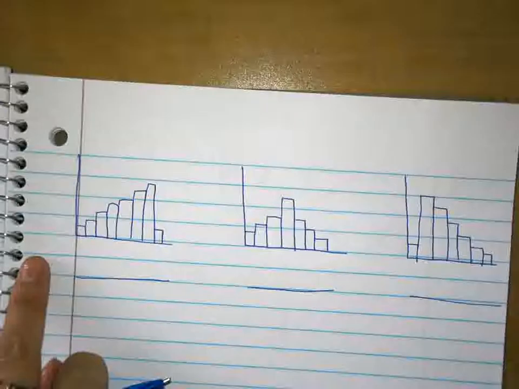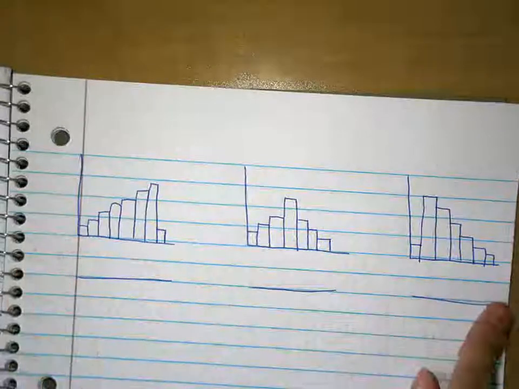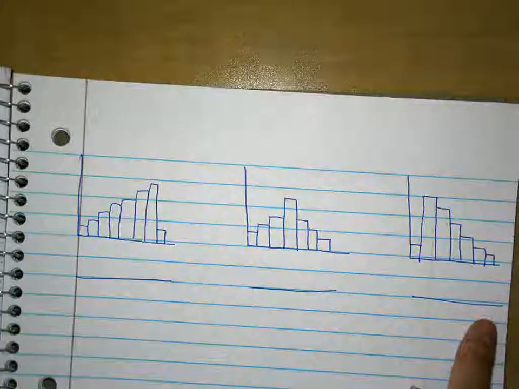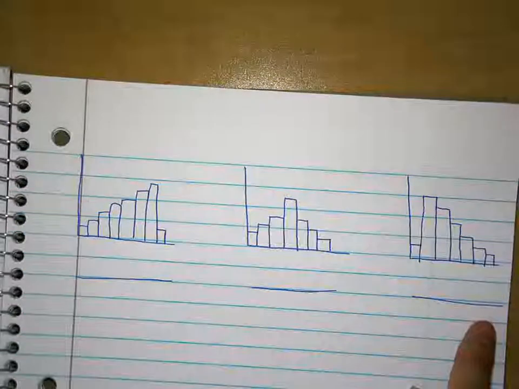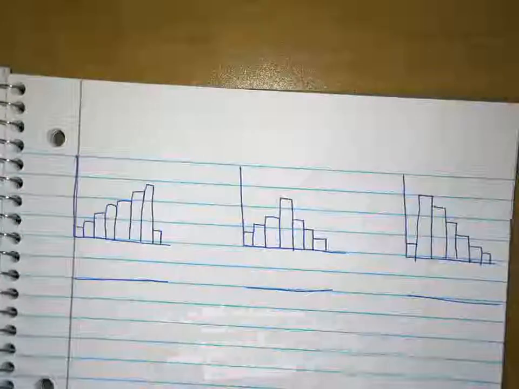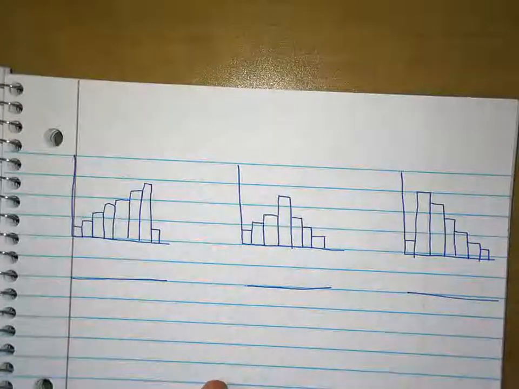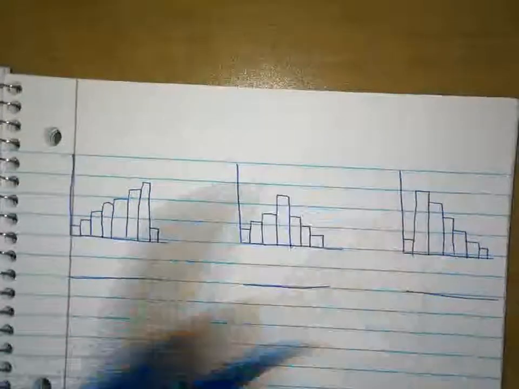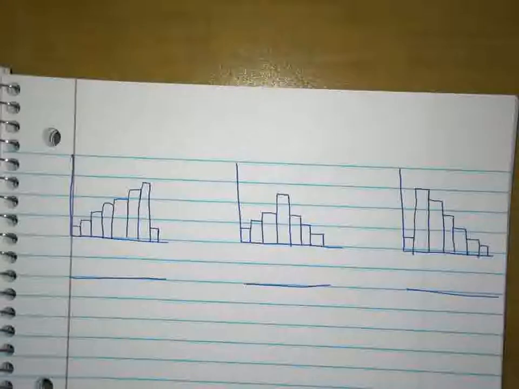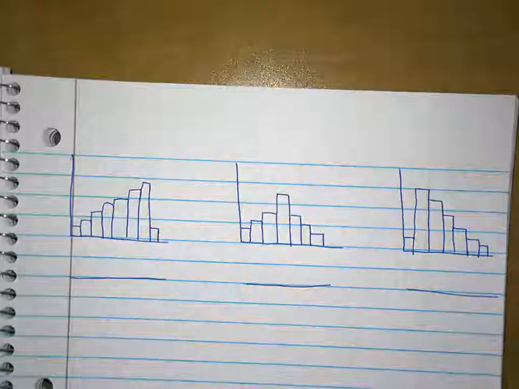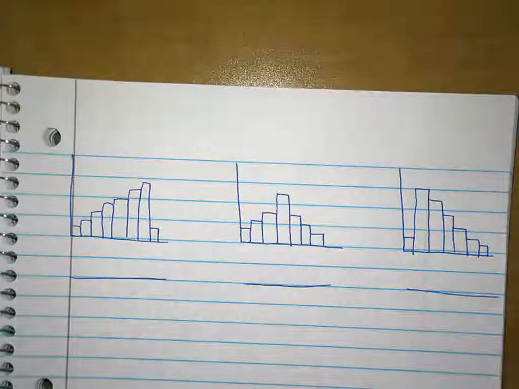Use your pencil, write it down in case we have to erase it. Then we're going to talk about that in a small group, what each one means, and then I'm going to give you a few more examples to do on your own so we can talk about the spread or the distribution of our data, what's skewed, what's not, what's in the center, things like that.